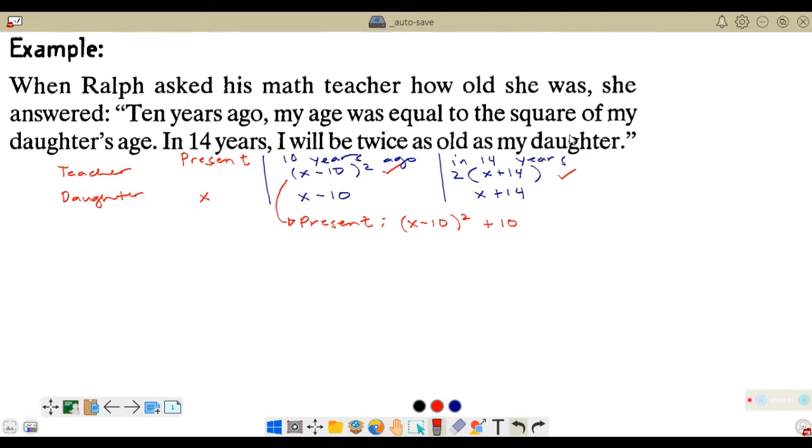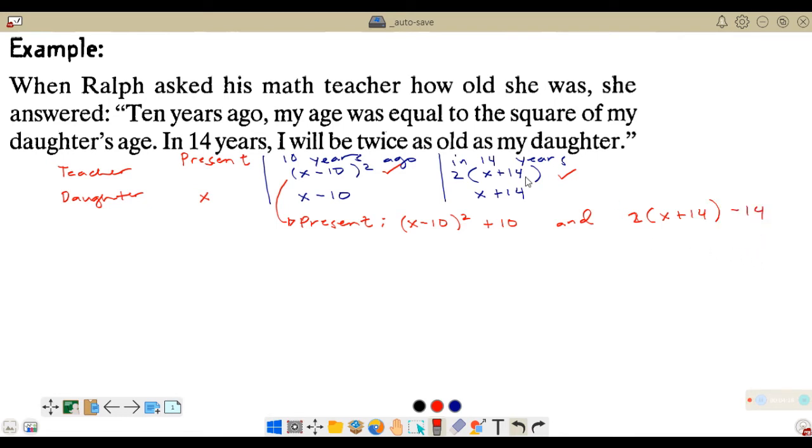Isa pa, in 14 years, ang edad na niya ay 2 times X plus 14. But this will only happen in 14 years. So, in the future siya. So, ang isa pang edad ni mother, in reference sa edad ni daughter in the present, is 2 times X plus 14 minus 14 naman.